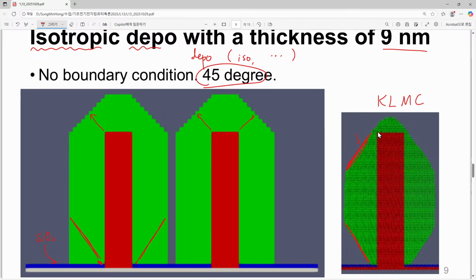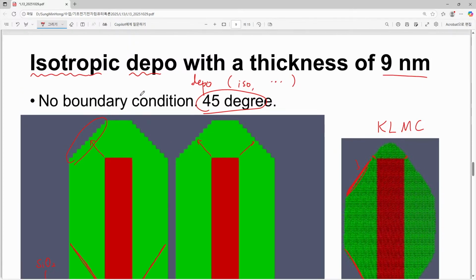But in this case, our growth along this direction is really suppressed. However, we have quite a fast growth along this direction. So, shortly speaking, our current implementation of isotropic deposition is not that suitable to mimic the KLMC result.